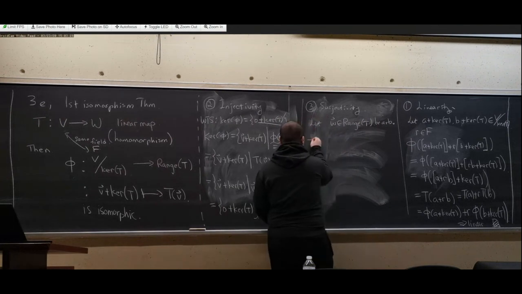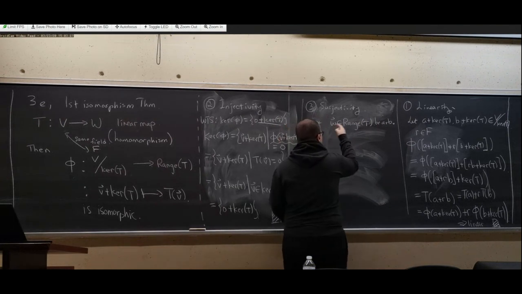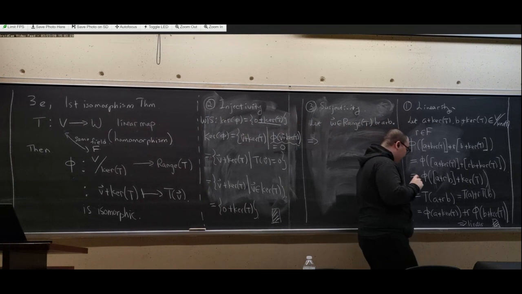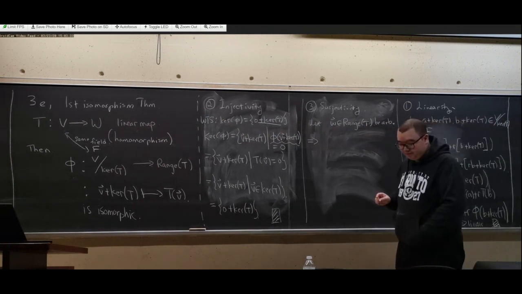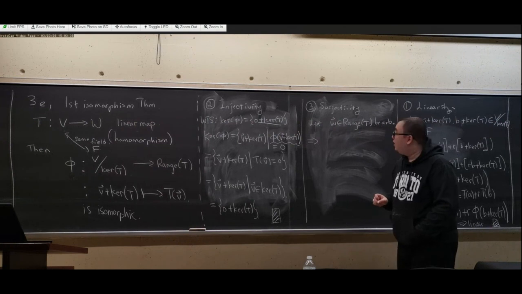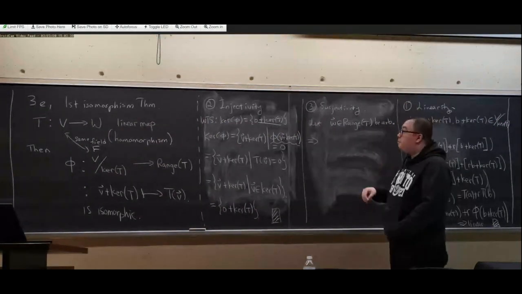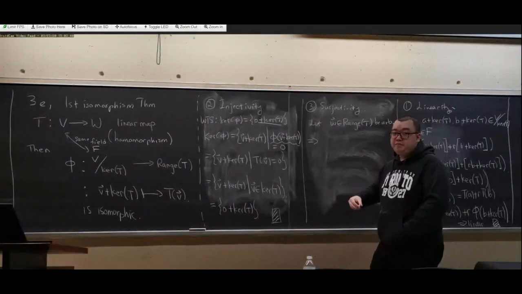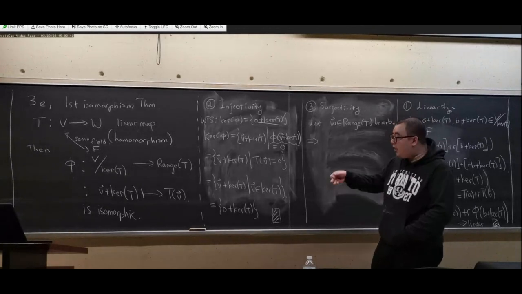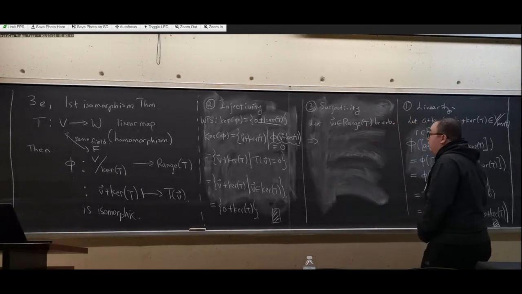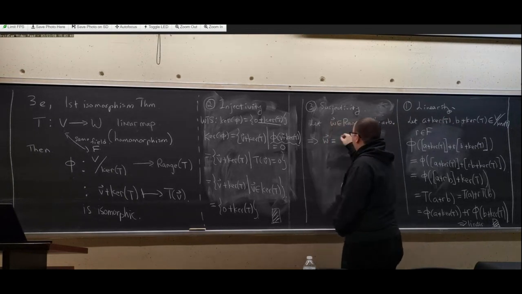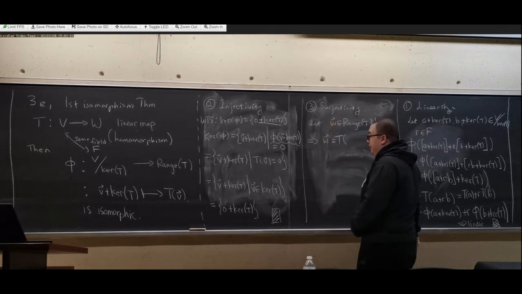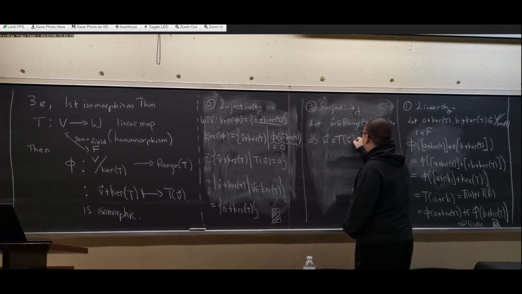Well, if W is in the range of T, what does that mean? W is in the range of T means it is the result of some mapping of T. So W is the result of some mapping of T. So T of something, let's see, of V, right?